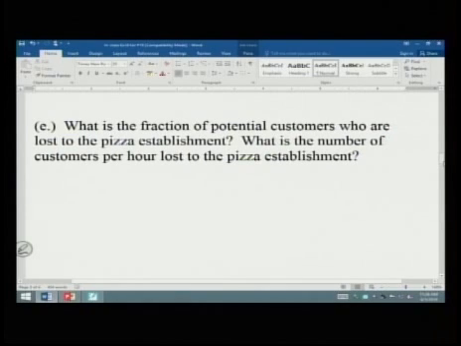What fraction of potential customers is lost to the pizza establishment?